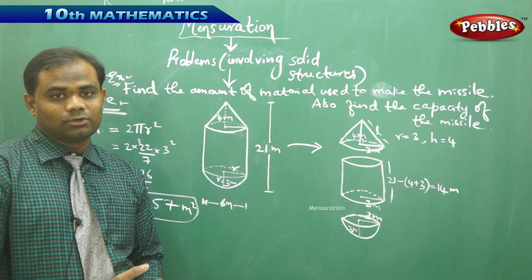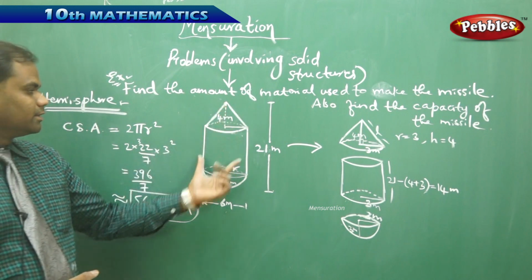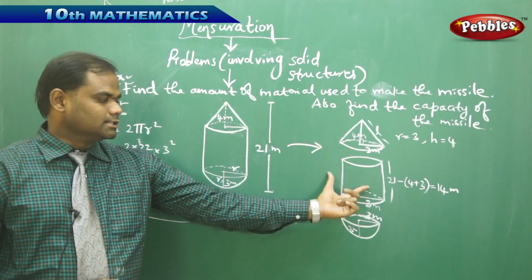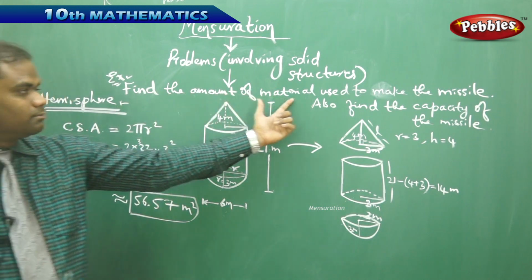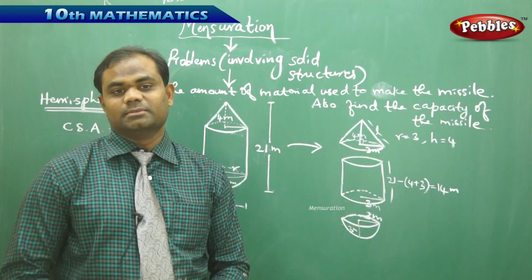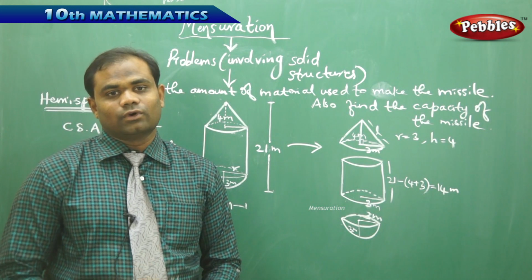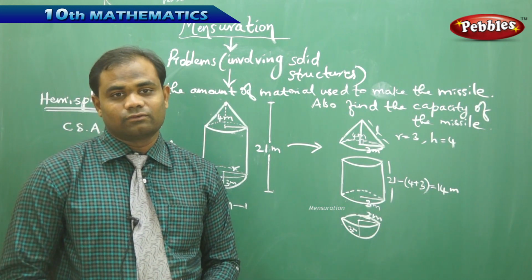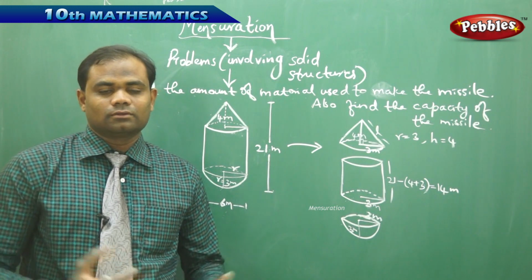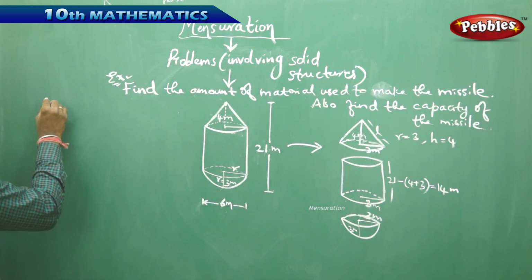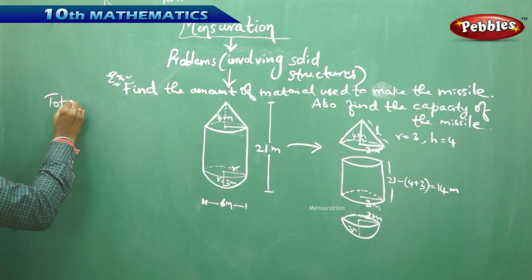Now next, I'm going to add up all the three materials, that is the cone and the cylinder and the hemisphere, and hence I get the total amount of material I need to make the missile. So let's see what is the total material I require for making this missile with the following dimensions.